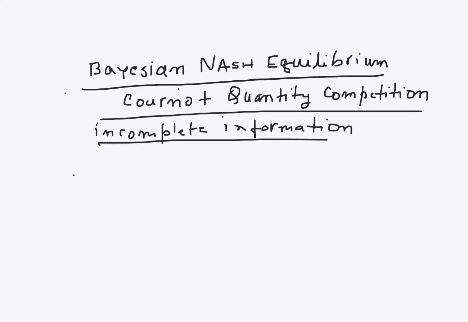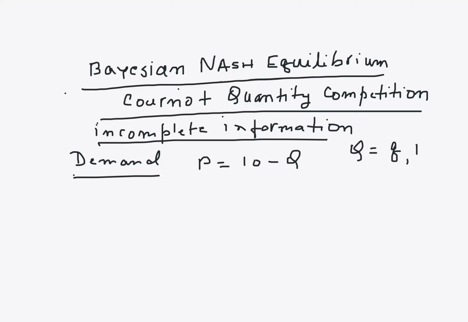So suppose that the market demand is given by price equals 10 minus Q, where Q is the total quantity produced in the industry. So Q is basically the sum of output produced by firm 1 and firm 2.